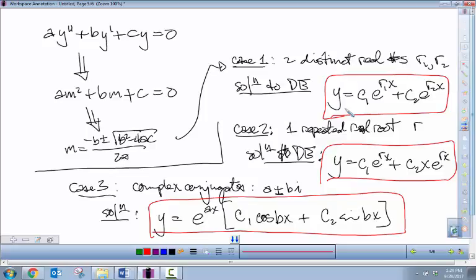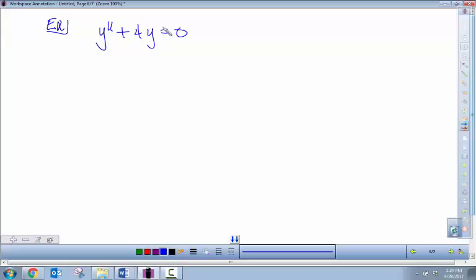So let's do an example. I'll do a simple one. Something that we've seen before, maybe have seen before. And we'll start off with something like this, because this is easy.